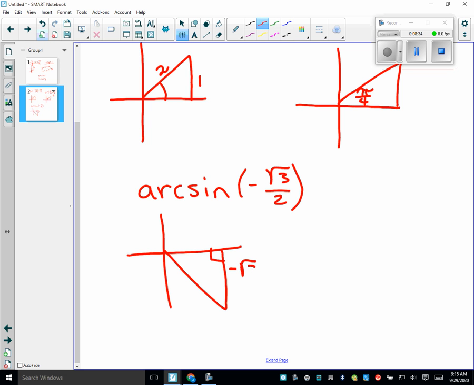This is negative radical 3, and this is 2. What is my angle? Pi over 3. But, did I go down? So it's negative pi over 3. All right? Everybody okay with that?